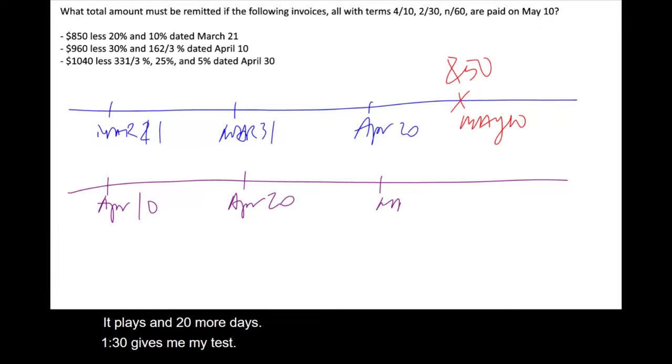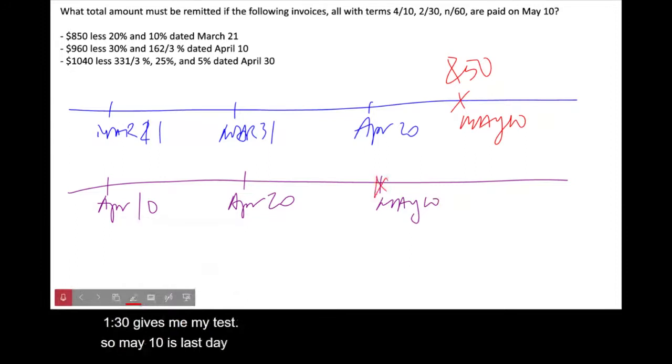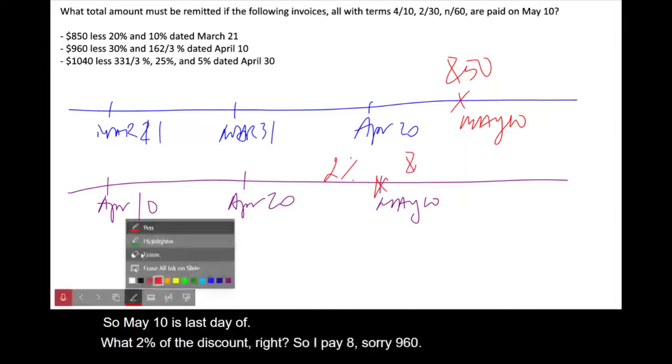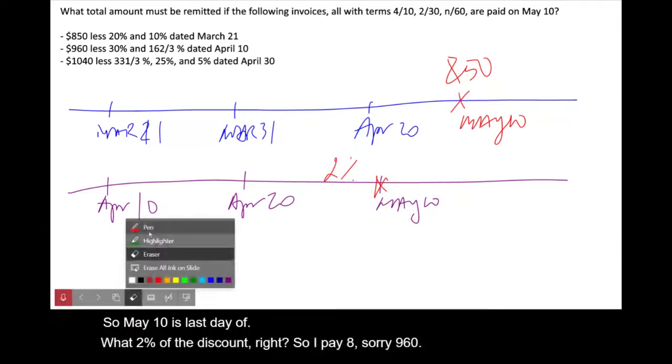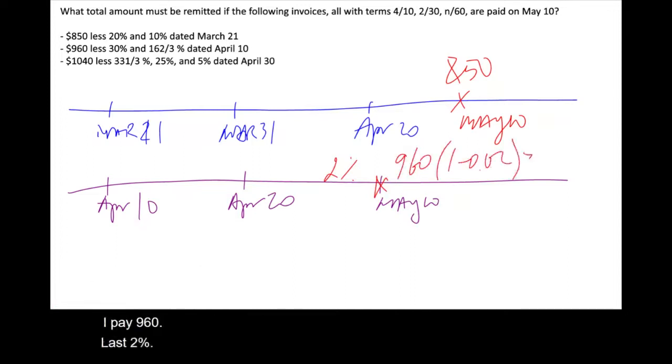So May 10 is the last day of the 2% discount, right? So I pay 960. Last 2%. What is that?